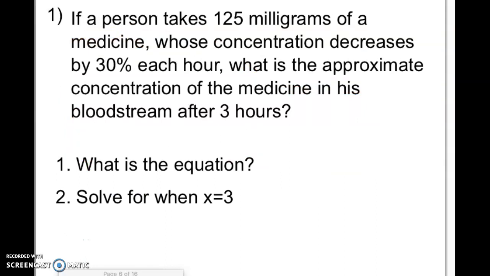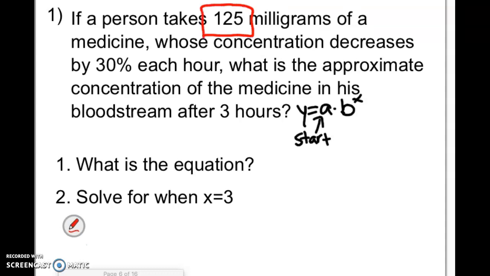So first, you want to take a moment to read the problem. Maybe pause the video. And then we want to look for a few things. In our form, y equals a times b to the power of x, we need to know where we're starting. So I'm going to first look for the start. Here it is 125 milligrams.